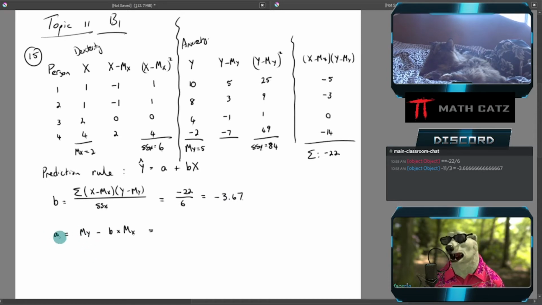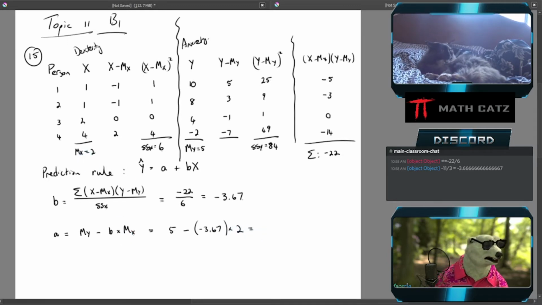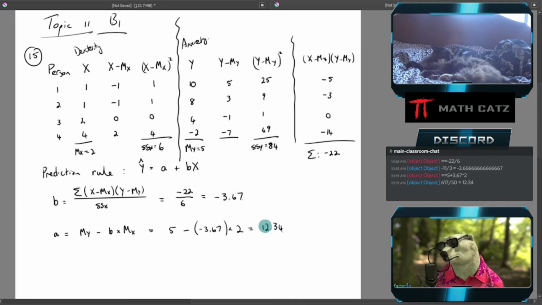We then use that to calculate the a constant. Mean of y, 5, minus this negative 3.67 times the mean of x, 2. Let's do that. I'll just say 5 plus 3.67 times 2, and we get 12.34.